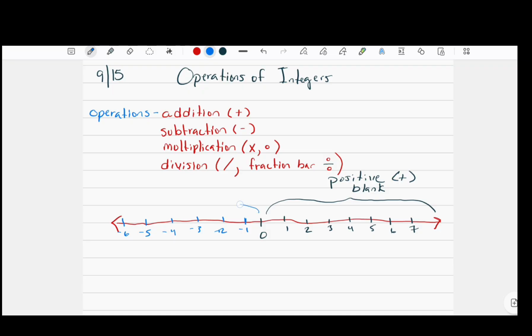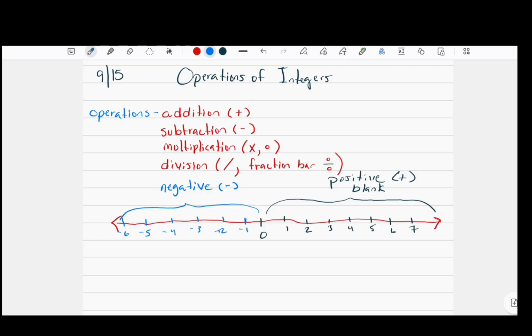And we'll say this side, these are your negative numbers. And this is also denoted by a dash. So if you have a dash in front of a number, that's a negative number. That means you owe somebody some money.